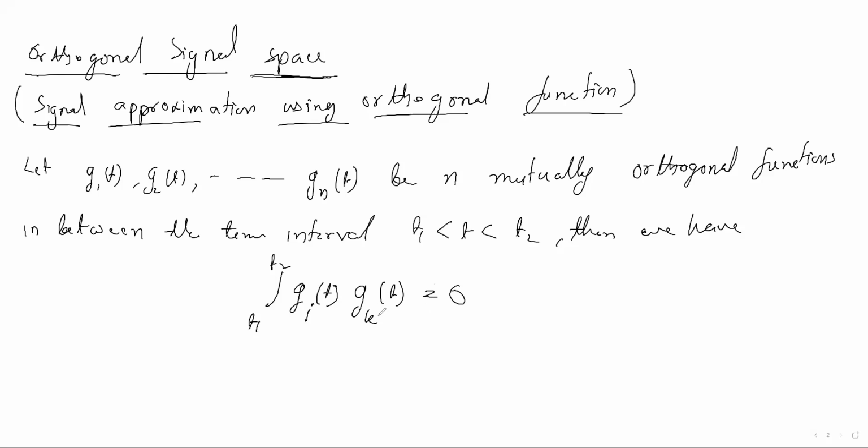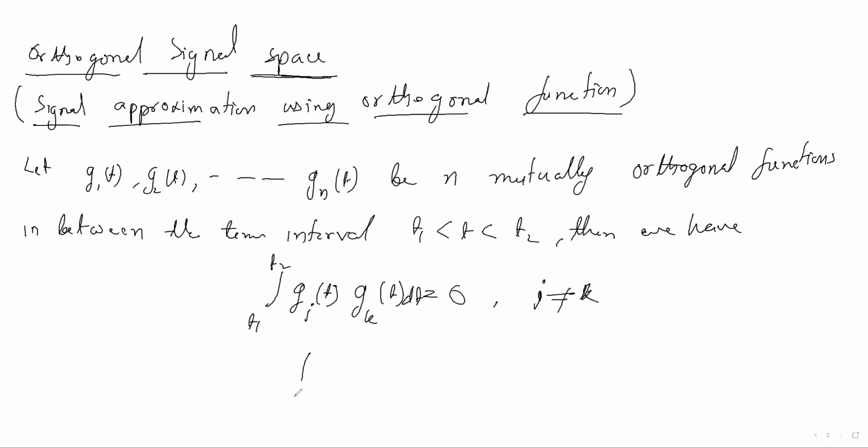When is it equal to 0? When these two functions are different, that is, j not equal to k. Understood? Because we have taken these signals as orthogonal, this property should be satisfied. That is, integration t1 to t2 of gj(t) gk(t) dt equals 0.